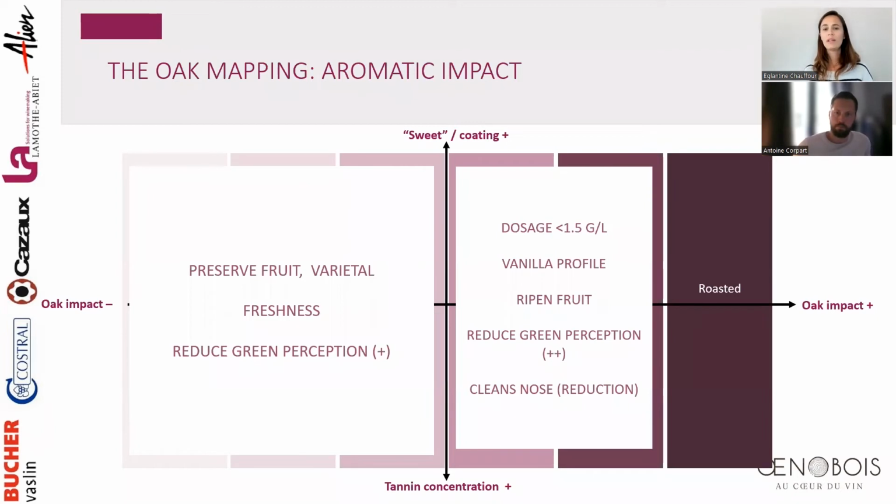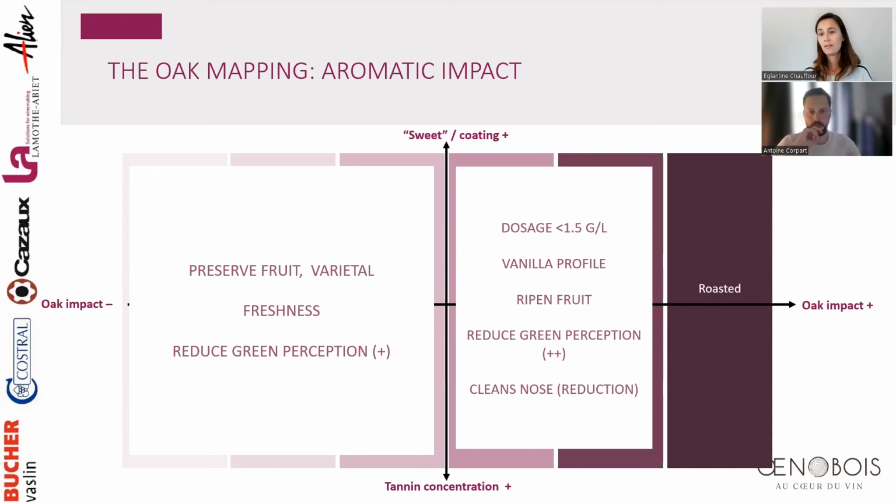Then if we go to the next category on the map, we are talking about oaks that have a vanilla profile, so rich in vanillin. This profile, when you work at lower dosage, around 1.5 grams per liter or lower, will have a great impact on ripening the fruit in terms of aromatic impact.